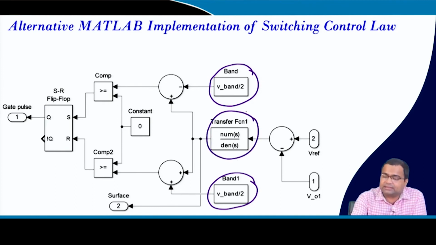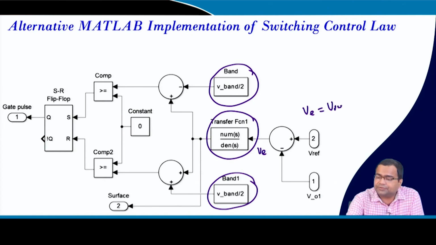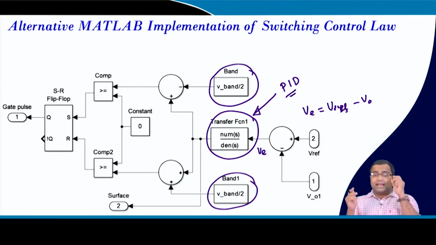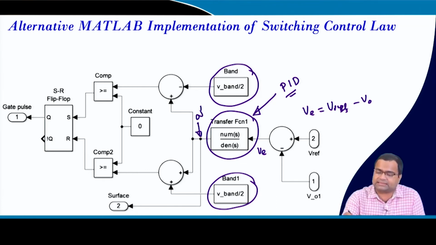This is like your error voltage, where I have taken Vref minus V0, and the controller now is something like a PID controller. I will tell you that this can be very easily linked with a PID controller, where this controller will have 3 components. You can think of this as a sigma dash x.